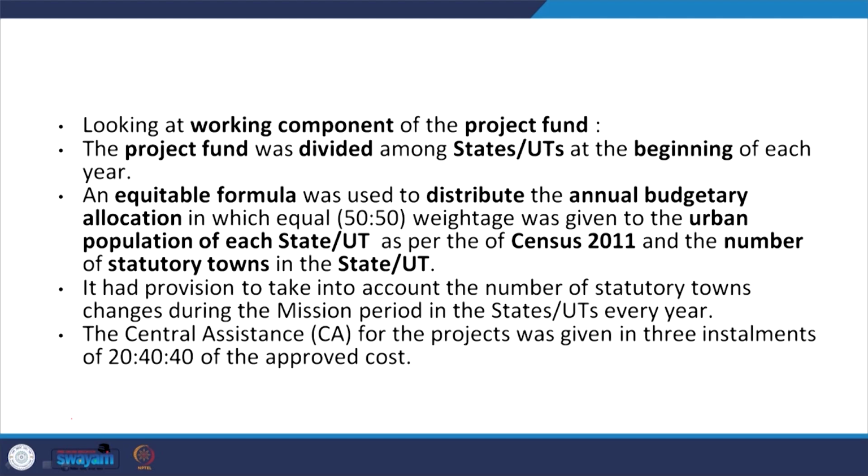It also had provision to take into account the changes in the number of statutory towns which might happen during the mission period in states or the union territories every year. The central assistance for the project was given in 3 installments of 20, 40, 40 of the approved cost.